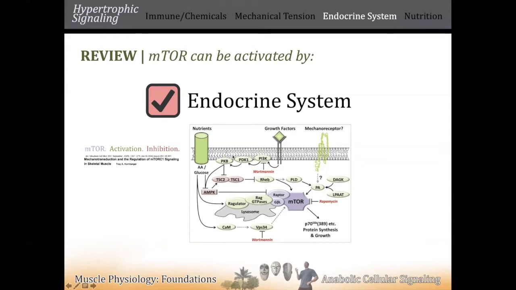So the endocrine system sort of in review. All these growth factors and sort of lumping in everything else here, the PI3K, PKB signaling. And the goal is to get Rheb to activate mTOR. The goal of all these hormonal things is to get Rheb to activate mTOR.